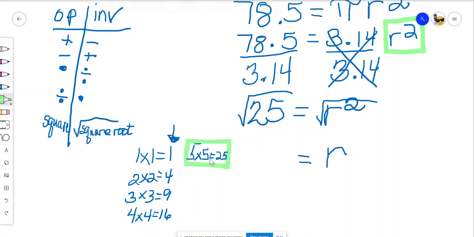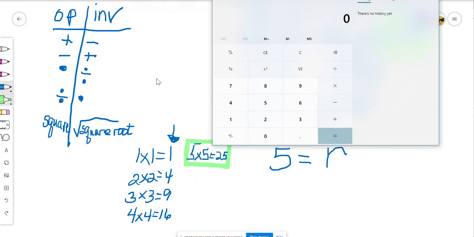So 5 squared equals 25, which means that the square root of 25 equals 5. So that calculator that you had that was different than the ones you usually have, this is why. Because if I go grab calculator, so this is the regular calculator.